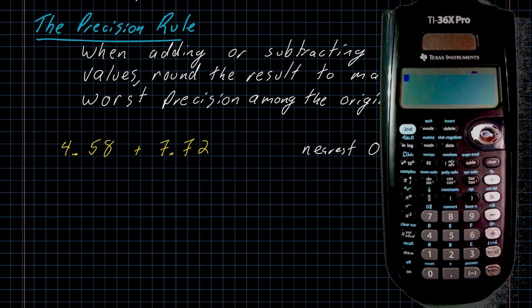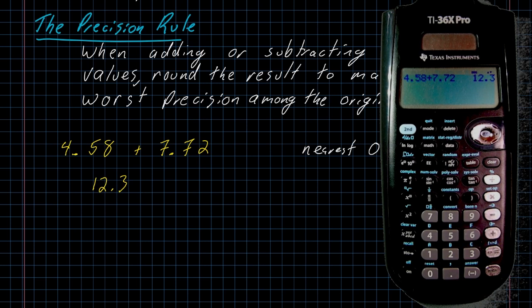All right, so if I grab out my calculator and I punch in 4.58 plus 7.72, my calculator gives me 12.3. I like this example because it's actually the opposite of what usually happens.